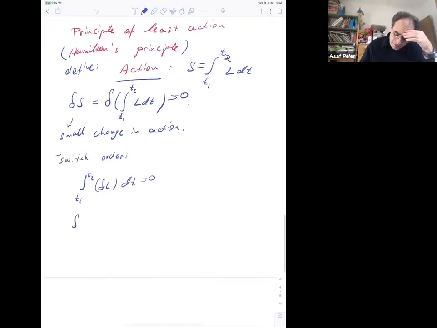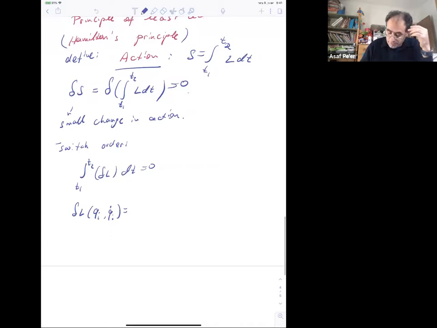So delta L, for q_i and q dot i, is just the partial of L with respect to q_i times delta q_i, plus the partial of L with respect to q dot i times delta q dot i. That's the only possible variation of delta L, unless L depends on time directly, which it does not.